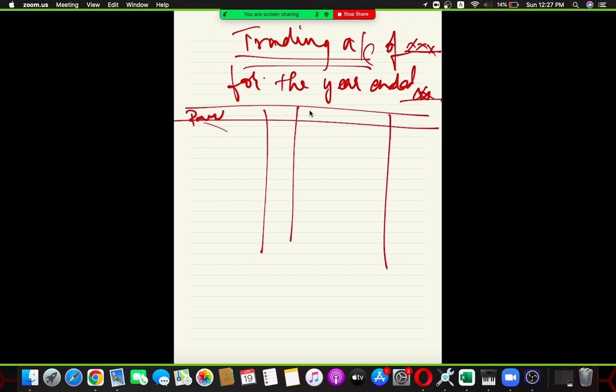This goes with the particulars, this goes with the rupees. Now, the first is opening stock. Please understand the format. I will explain everything with the entries which are happening over here.